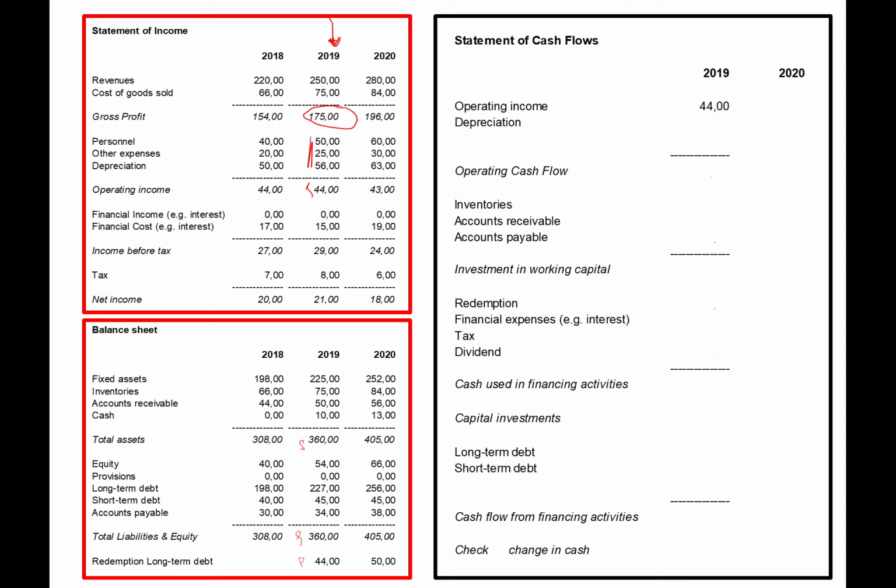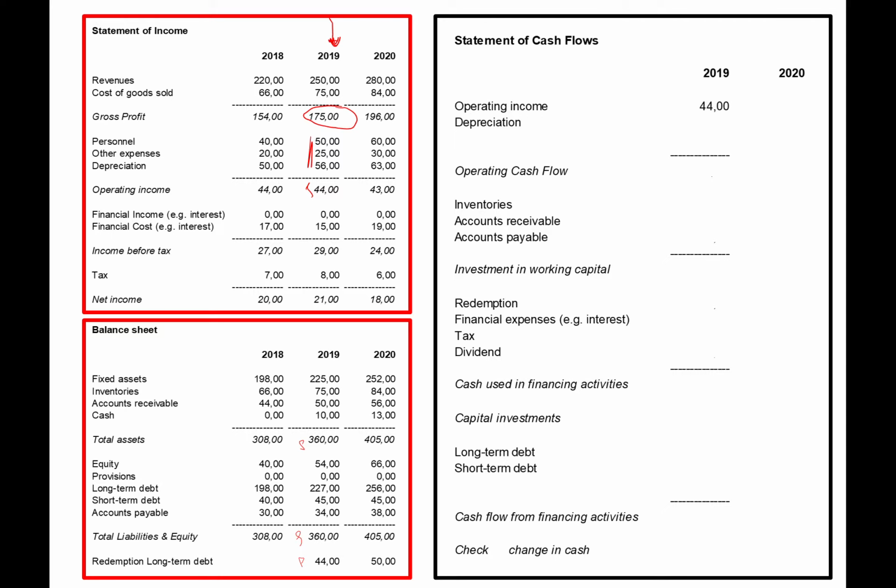costs. Depreciation is, as we know, a cost. It shows us the decrease in the book value of the assets. It lowers the result, but it's not a cash outflow. So since we're interested in the operating cash flow, we have to add back depreciation. Operating income is revenues minus costs, and depreciation costs are included in the costs.